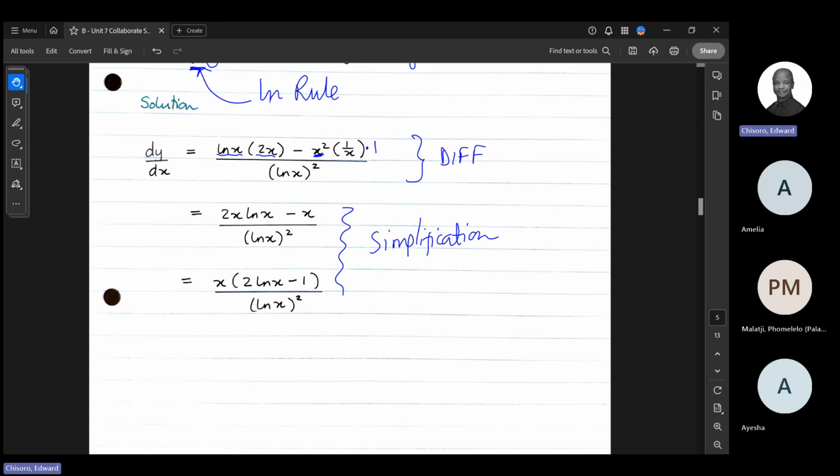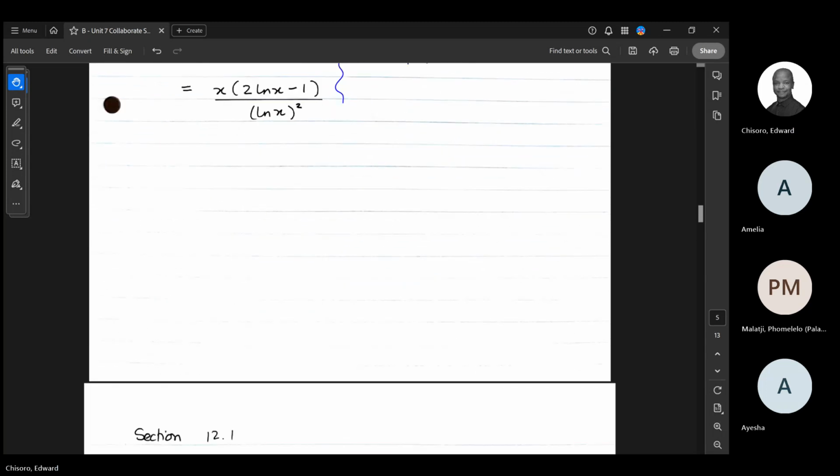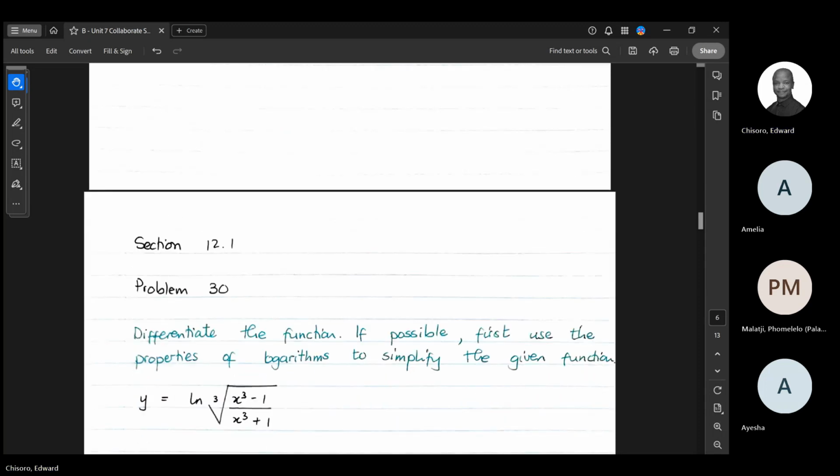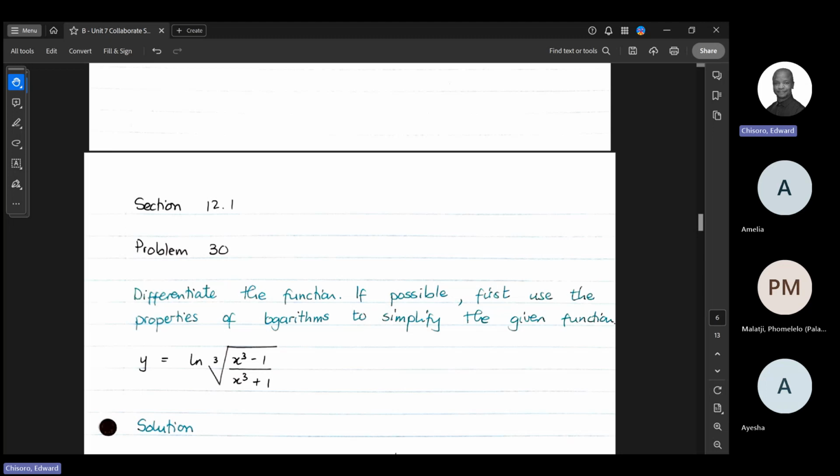That's just simplification, and you can review that when you see the PDF. Okay, hopefully everyone is fine at this point. All right, perfect.